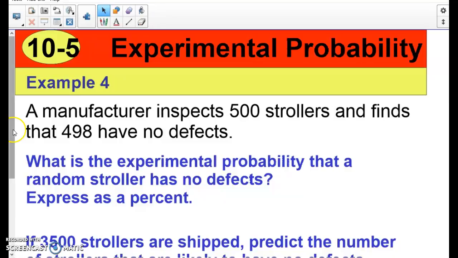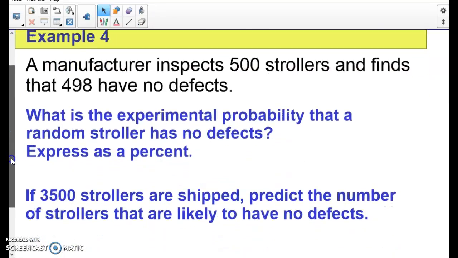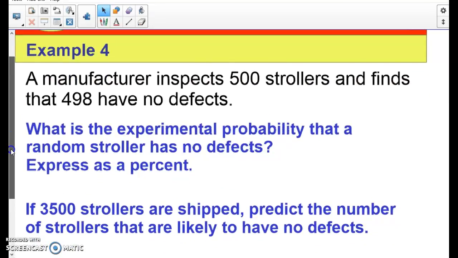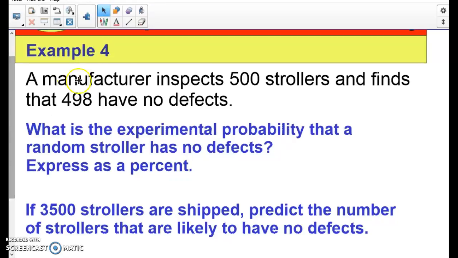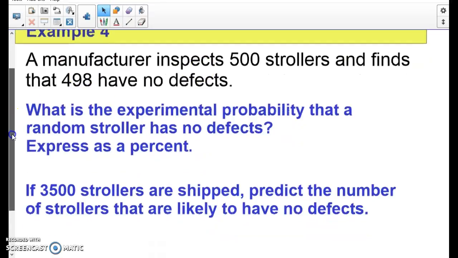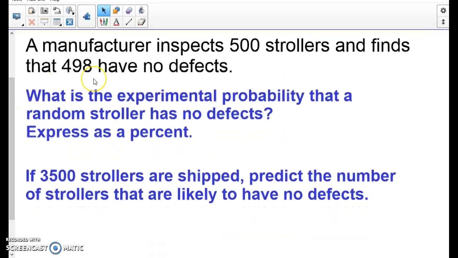Now something with experimental probability, and this is true today and kind of sad depending on how you look at it. If a manufacturer inspects 500 strollers and finds 498 have no defects, that means 2 of them did. You don't know what's going to happen with those 2, but 2 of them have defects. So what is the experimental probability that a random stroller has no defects?